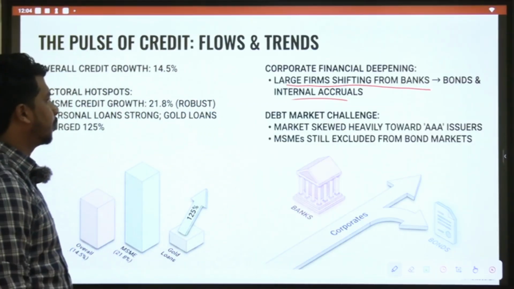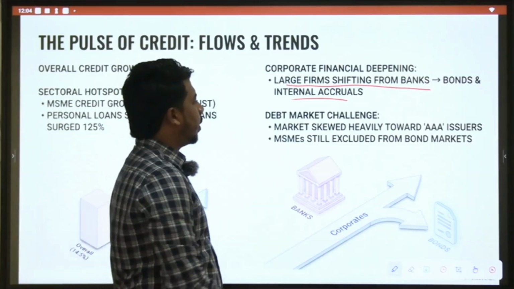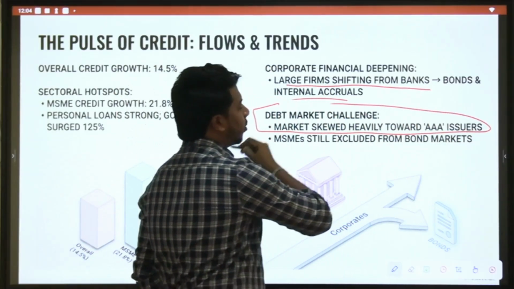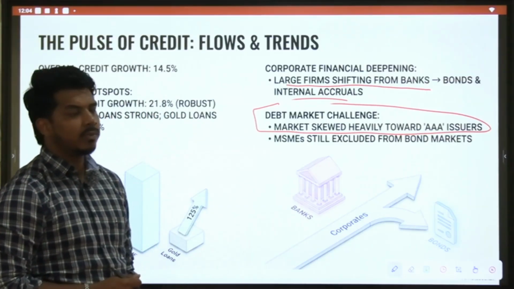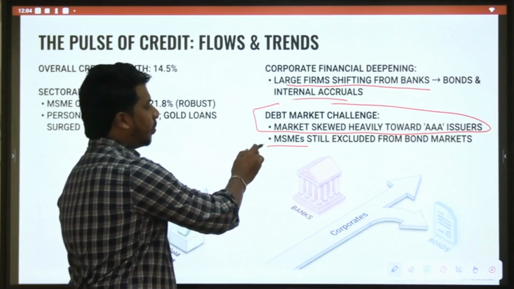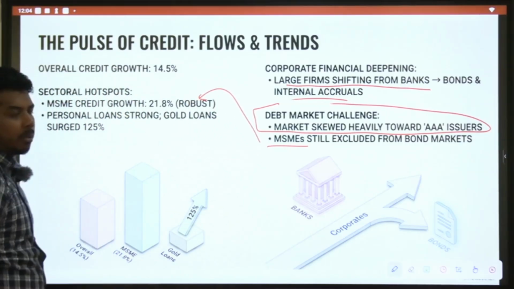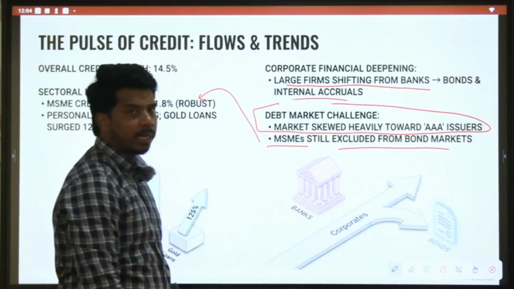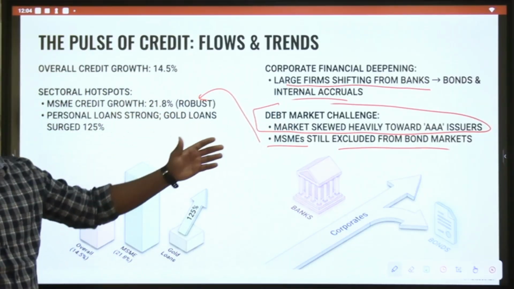So it is a good thing. We already know the debt market is a challenge. It is skewed to only those agencies which have high ratings. MSMEs may be getting good credit from the banks, but from the bond market they are still excluded. They are getting good credit, but mostly from banks, not from markets.